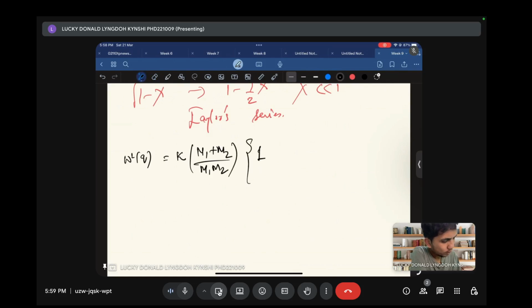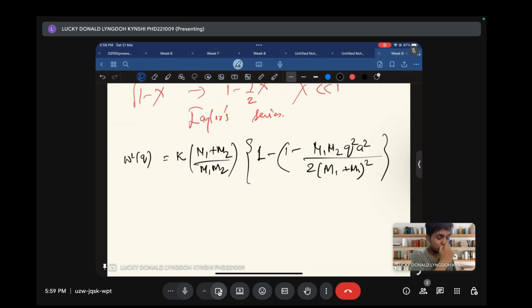And instead of that square root you can write 1 minus that term, m1 m2 q square a square by 2 m1 plus m2 whole square. If you solve this one, negative and negative will get cancelled, so you can write something like k a square by 2 m1 plus m2 times q square.